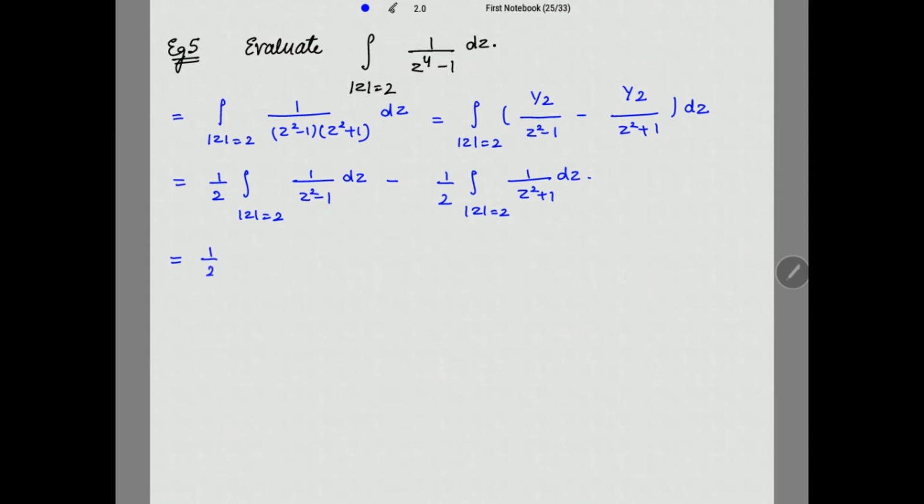This will be 1 by 2 integral mod z equal to 2 of 1 over, again a squared minus b squared, this is z minus 1 and z plus 1, dz, and this will be separated into iotas, that is 1 over z minus iota and z plus iota. Again we have to separate these two parts.